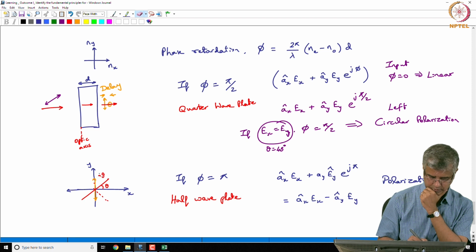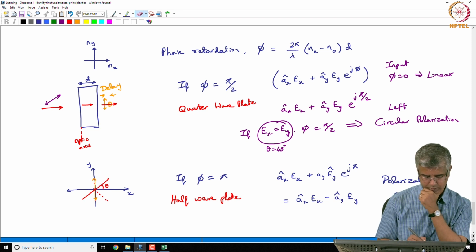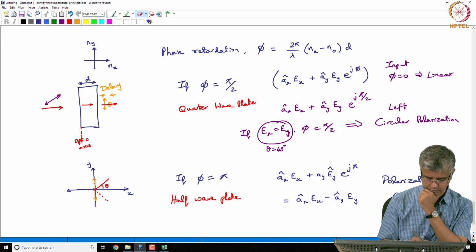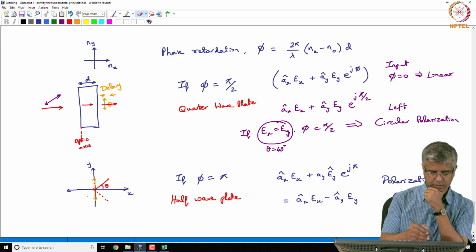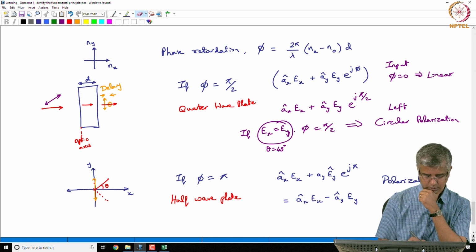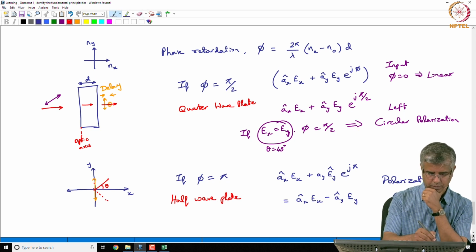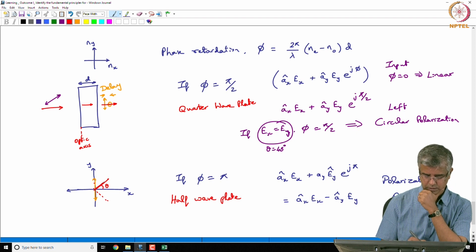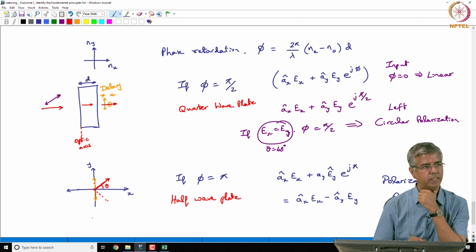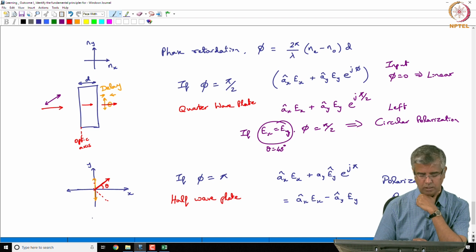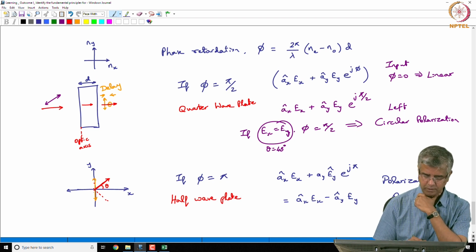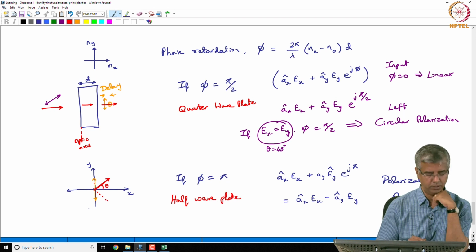We talked about the incident polarization being like this into a half wave plate at angle theta, but while propagating that through the half wave plate, we said the EY component is getting flipped.